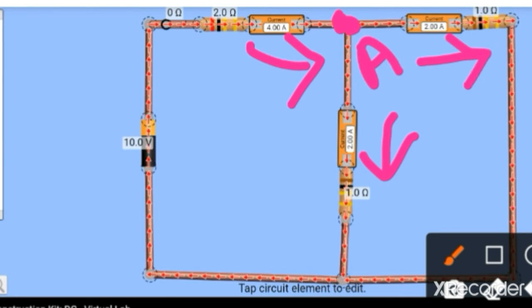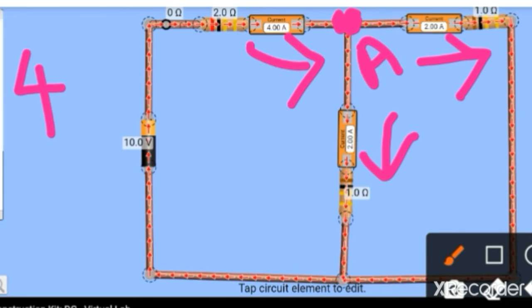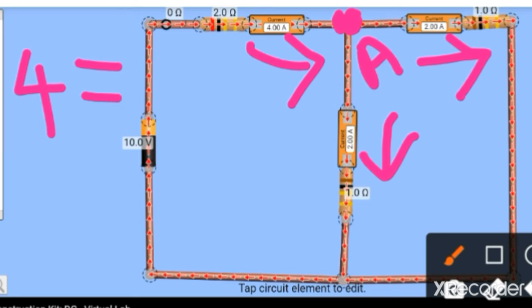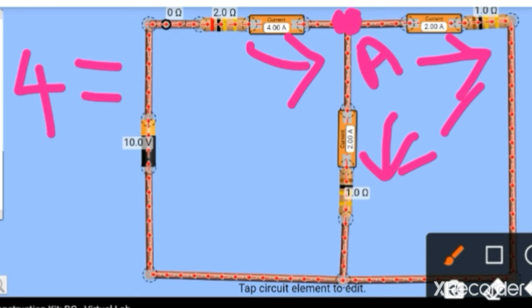This is also an outgoing current from this node A. So at the node point A, the incoming current is 4 amps, equal to the sum of outgoing current, which is nothing but the 2 amps and the 2 amps. So the outgoing current is 2 plus 2.